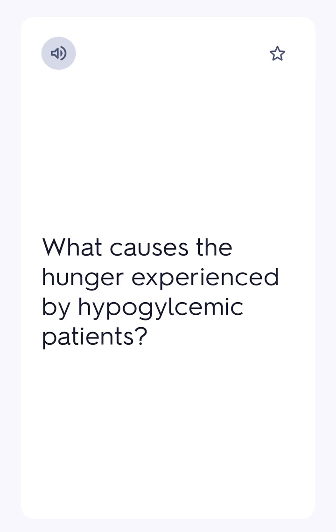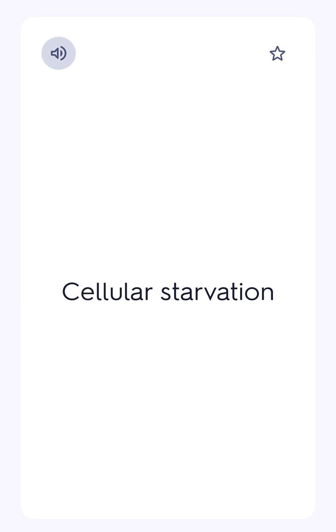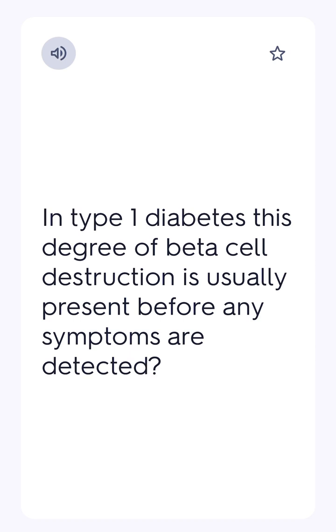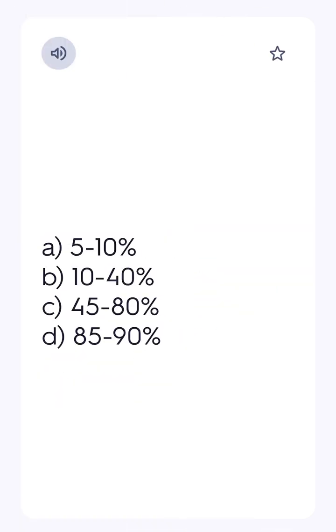What causes the hunger experienced by hypoglycemic patients? Cellular starvation. In type 1 diabetes, this degree of beta cell destruction is usually present before any symptoms are detected. A, 5 to 10%; B, 10 to 40%; C, 45 to 80%; D, 85 to 90%.